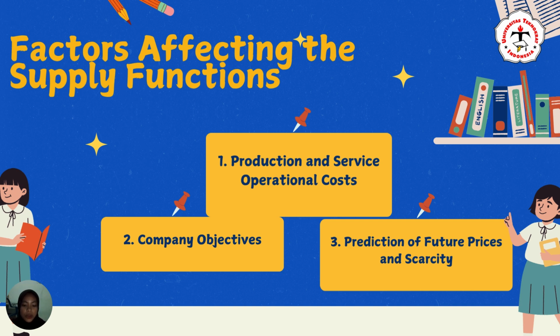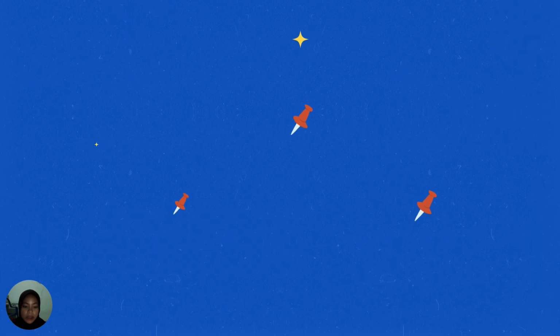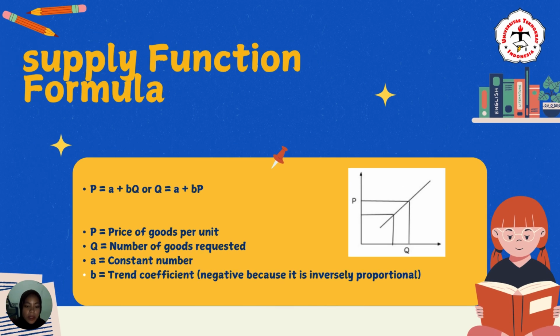When price falls, producers can start preparation to increase production output for when price rises. In contrast to the demand function, which is always inversely proportional, the supply function is always directly proportional. To calculate the supply function and find the curve, you can use this supply function formula.